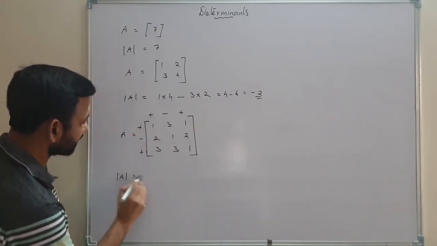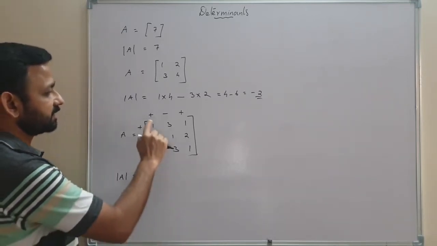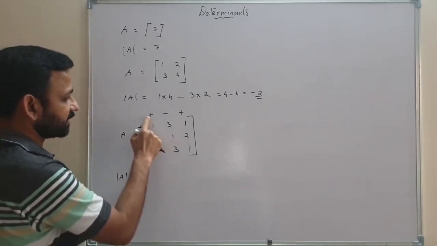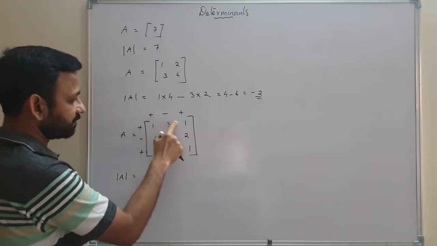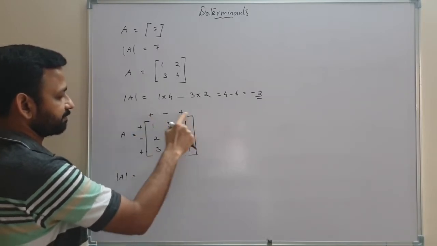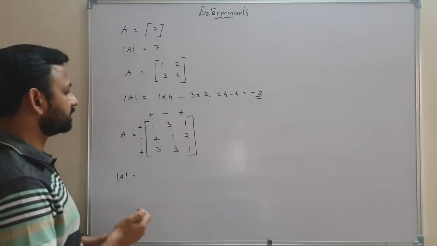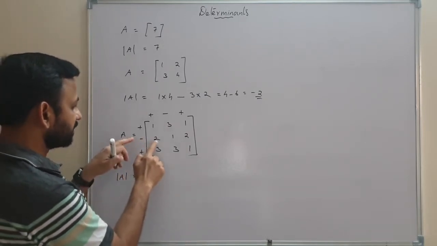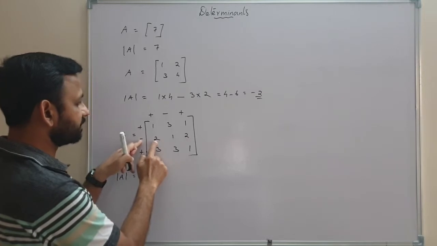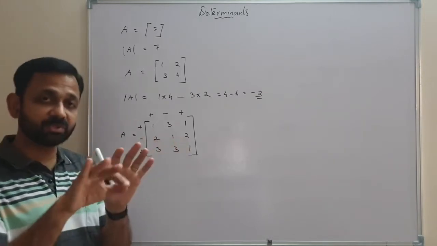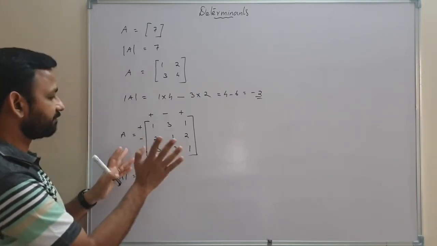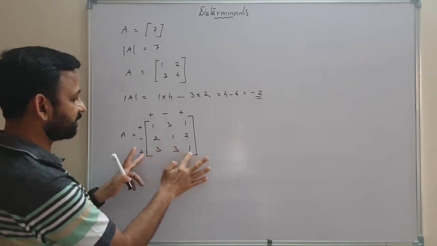This is the determinant symbol, and here the sign for the first row is positive, negative, positive. When we use the second row, the first sign is negative, then positive, negative, alternating. When we use the third row, positive, negative, positive.